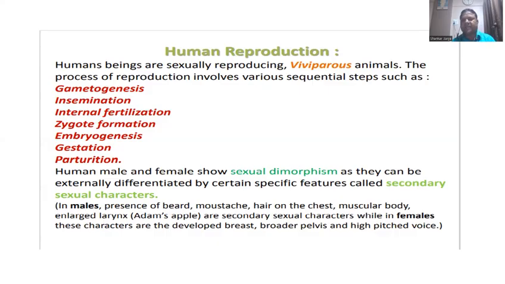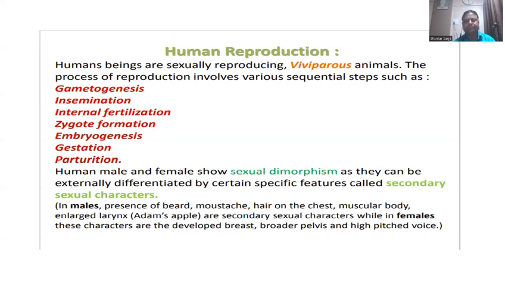In case of male, there is the presence of beard, mustache, hair on the chest, strong muscular body, enlarged larynx. So these are the secondary sexual characters in males.